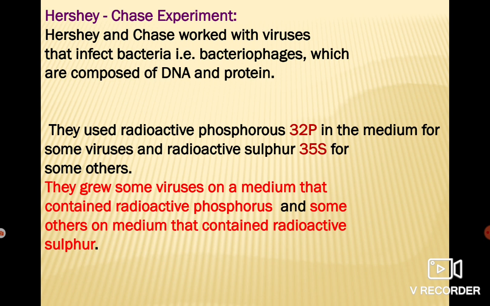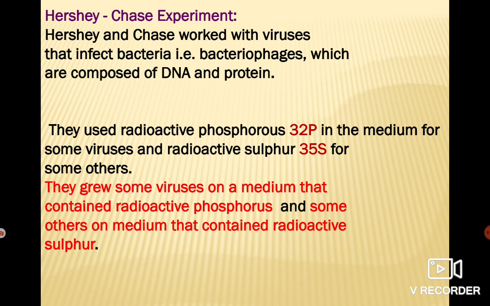Hershey and Chase worked with viruses that infect bacteria, that is bacteriophages, which are composed of DNA and protein. They used radioactive phosphorus, that is P32, in the medium for some viruses and radioactive sulfur for some others.